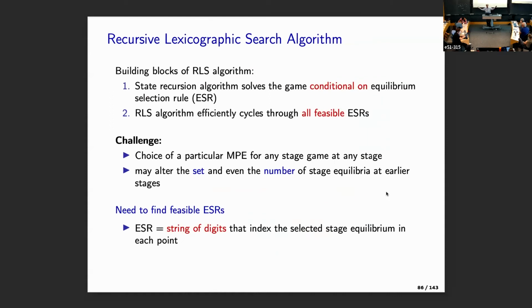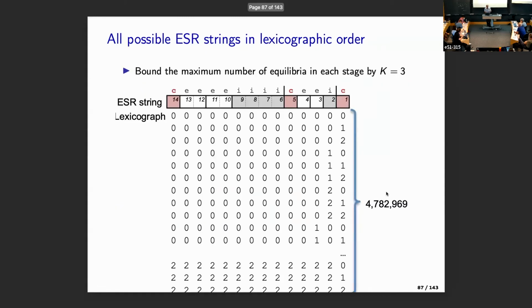I can write a vector with one digit corresponding to one point in the state space, and I can fill it with indices, say k equals 3, the maximum number of stage equilibria that we could probably show. Now I just showed you the case of 5, but the point is that I can write all of the equilibrium selection strings, as we can call them, in lexicographical order, for example.